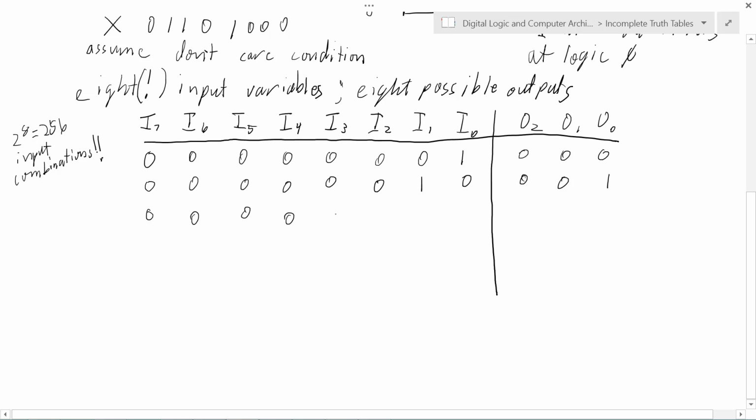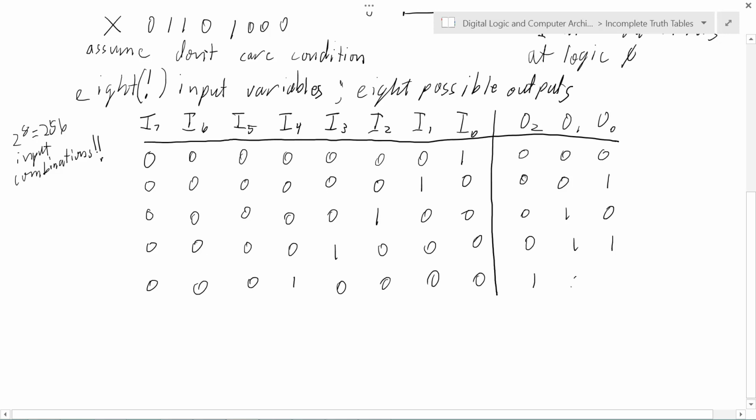There's a pattern now. Input 2 has outputs 0, 1, 0. Input 3, I3 is 1, implies that we have output 0, 1, 1. We just follow the pattern. Input 4 is set to 1, and the output is 1, 0, 0 in binary.